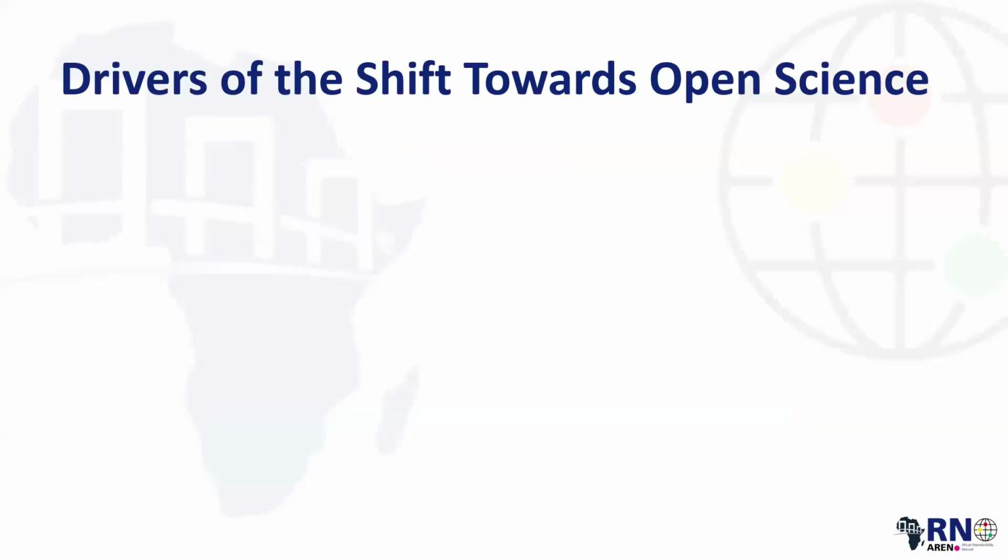So now to the drivers, or what shifted the movement towards open science. The open science movement started to pick pace around 2016, 2017. This is where people started to talk about open science, and it's been growing exponentially ever since.